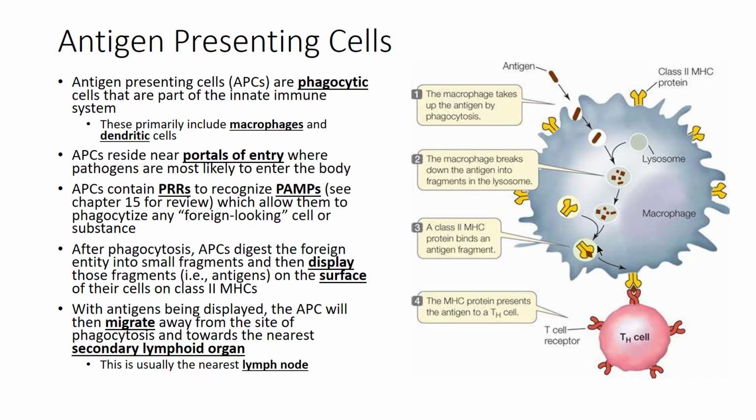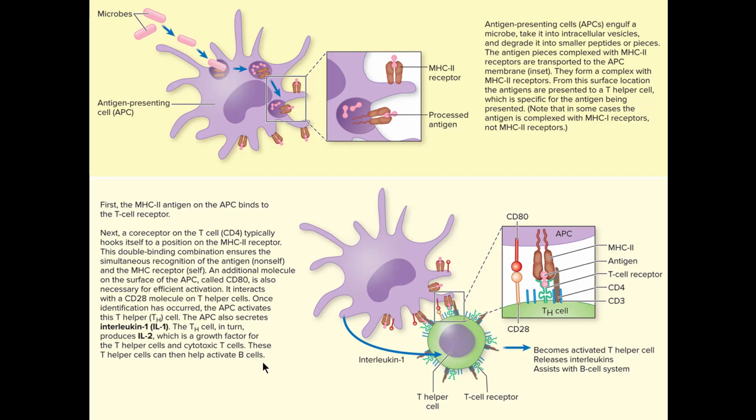So once they have those displayed, they will migrate, as it says here, to secondary lymphoid organs, which is usually the lymph nodes. And then from there, they actually have to just bump and migrate through that organ system until they just so happen to find a matching T cell with the receptor, a helper T cell usually, with the receptor that happens to match that antigen. So that's what this figure here is trying to show.